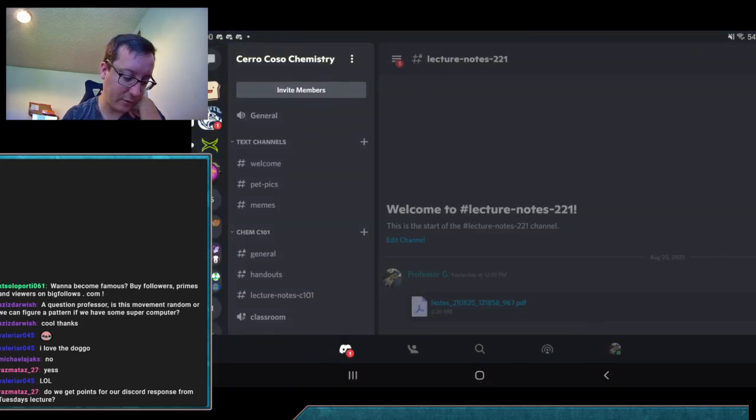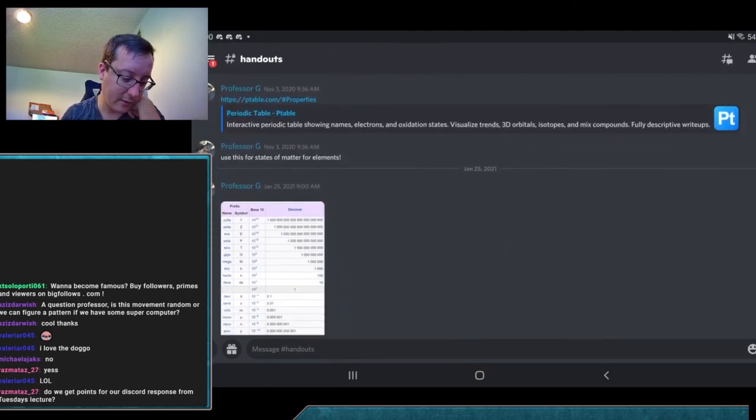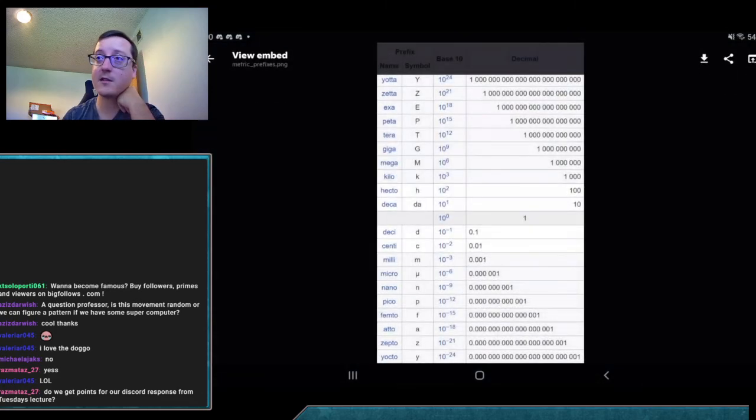If you go to your handouts, for example, here are your metric prefixes. I really only want you to go between, let's say, giga and nano. The others you're not going to really need because they're absurdly large or absurdly small. So focus your memorization efforts between giga and nano.